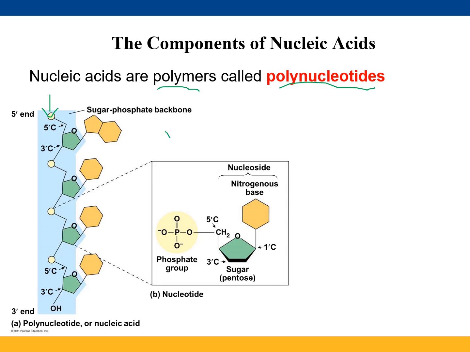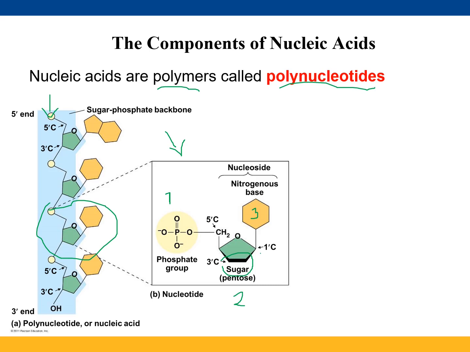Here we zoom in on this small nucleotide that can help us understand the 3 main components. So a nucleotide will have first a phosphate, second a sugar, in this case a pentose sugar, and finally the third component is a nitrogenous base.